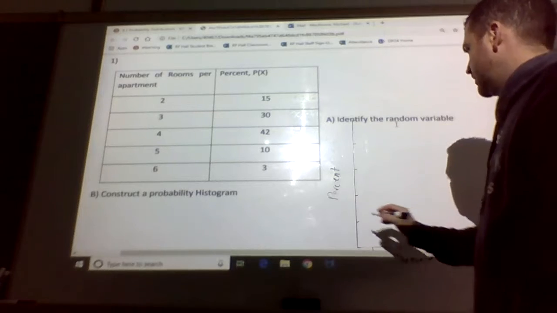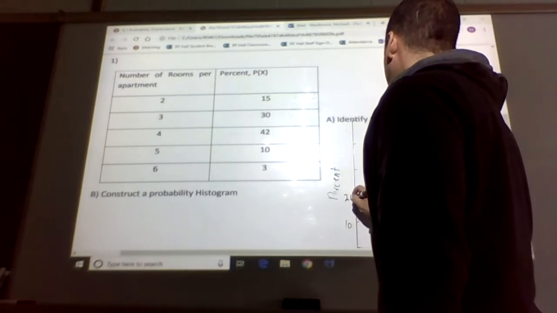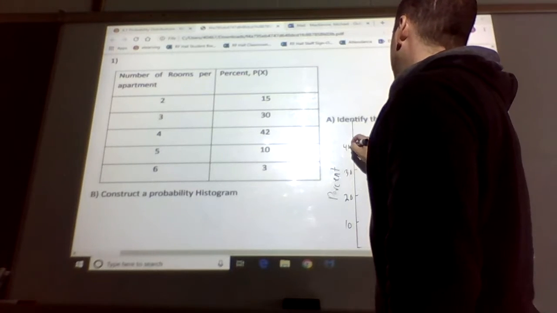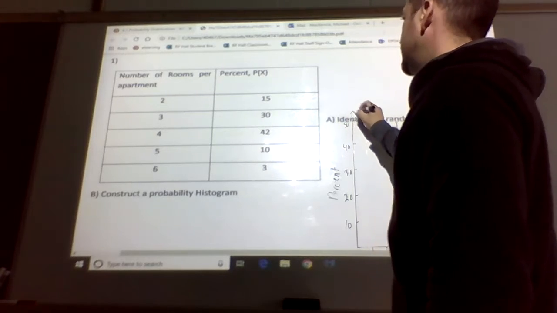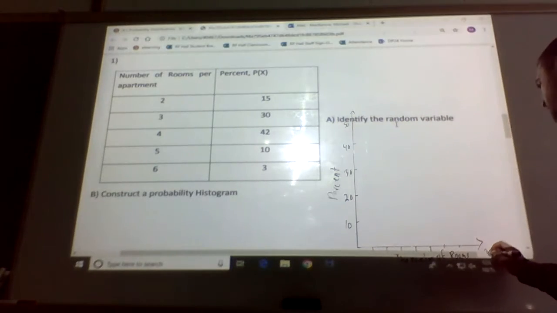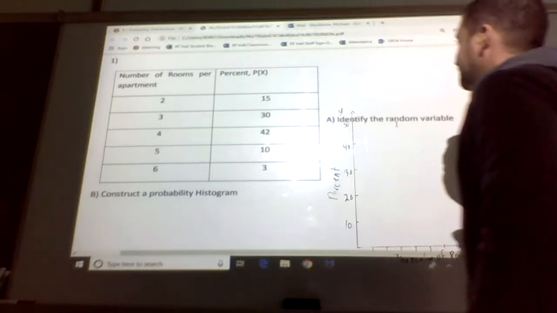So this will be percentage, so 10, 20, 30%, 40, and 50. This is continuous both ways. It's your x-axis, your y-axis.